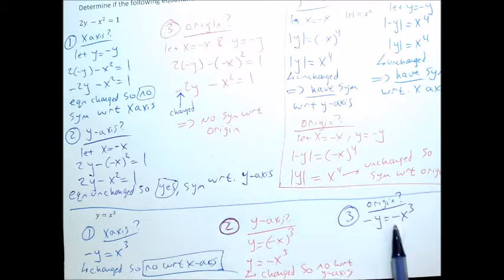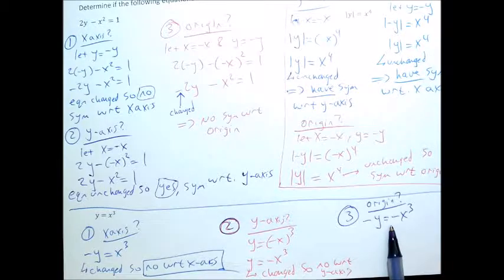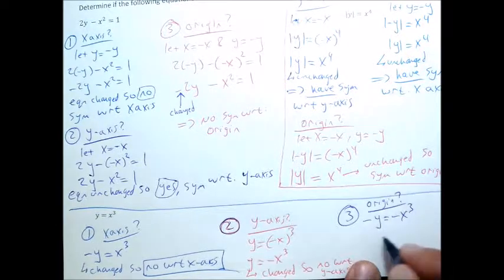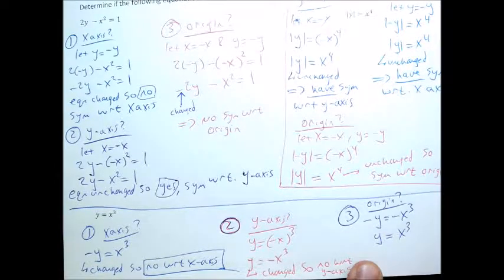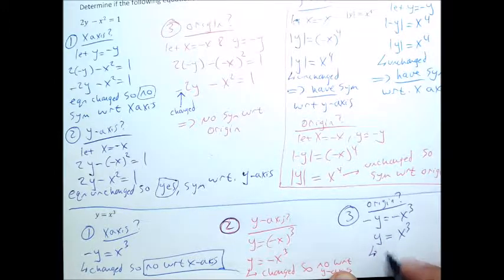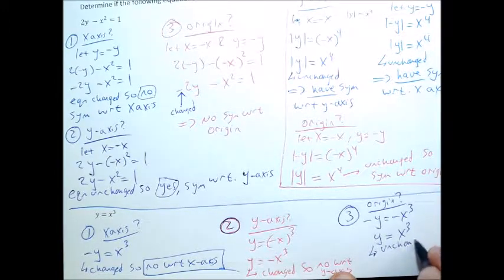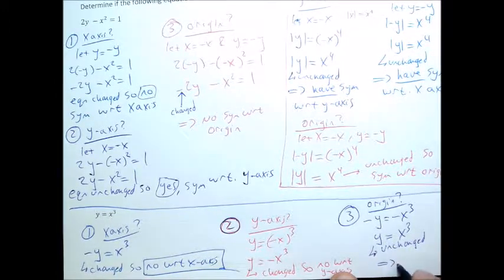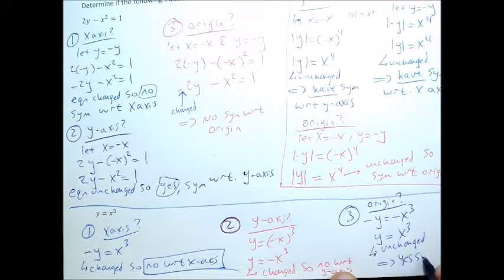And so in this case, we multiply both sides of the equation by negative 1. And so this is the same thing as just y equals x cubed. Because again, we can multiply both sides of the equation by negative 1 again, and it would be the original. And so this didn't change. And so we do have symmetry with respect to the origin.